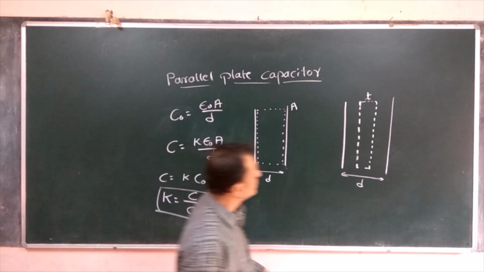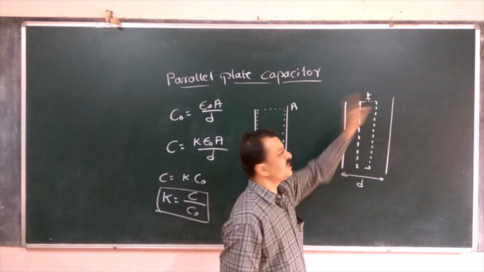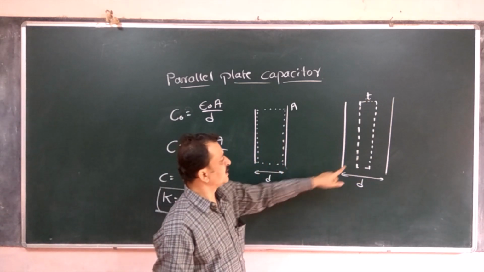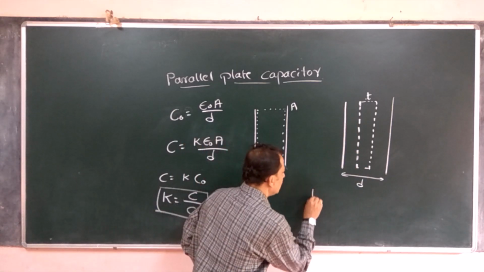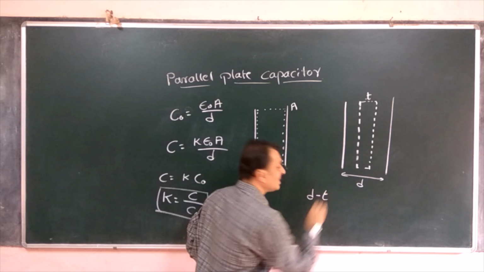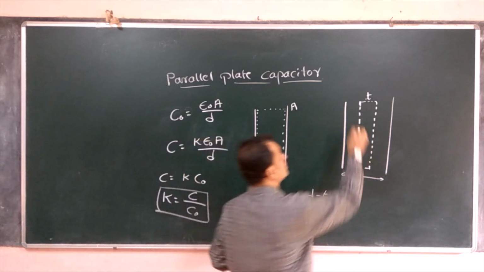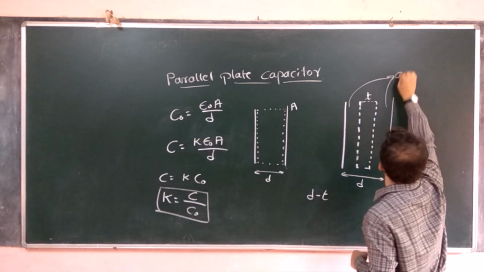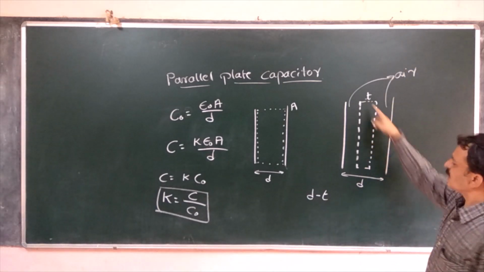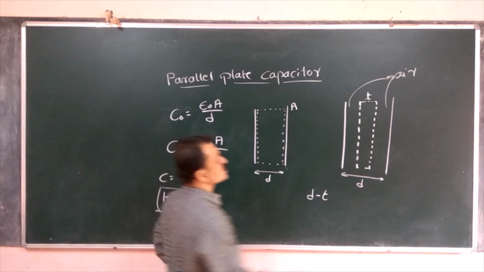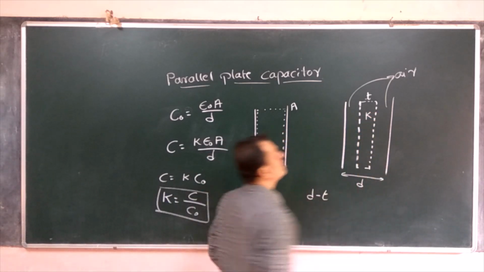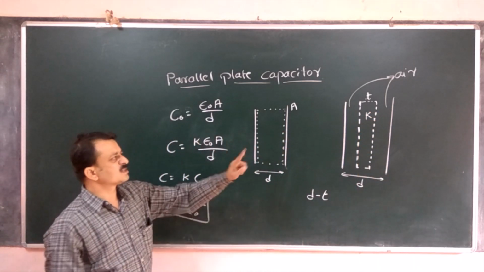Now look here, up to the thickness t the dielectric is present, and for a distance of d minus t air is present. Here and here it is air or vacuum, only here is the dielectric. So the dielectric constant K in the air case is equal to 1.